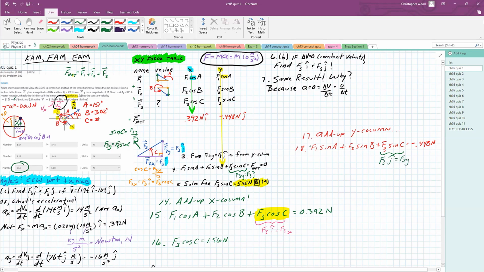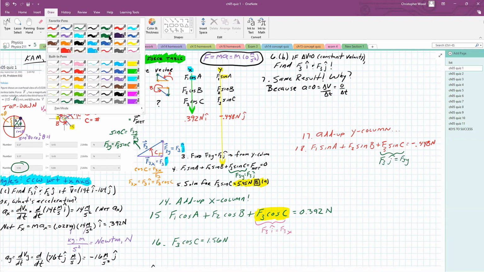That's that. So let's solve for that and be done with this problem, our very first force analysis problem.